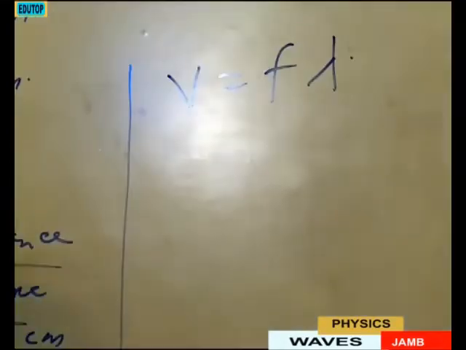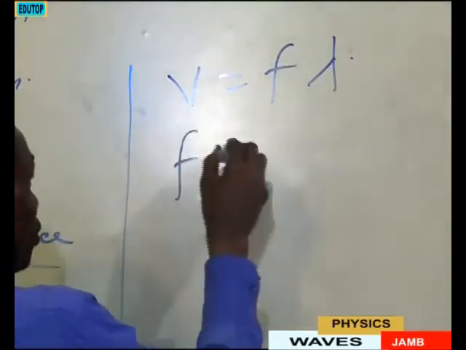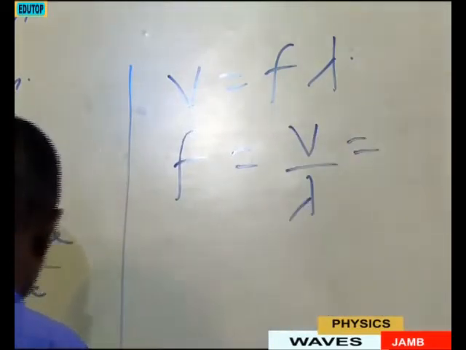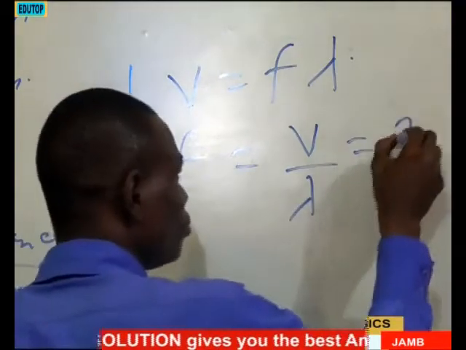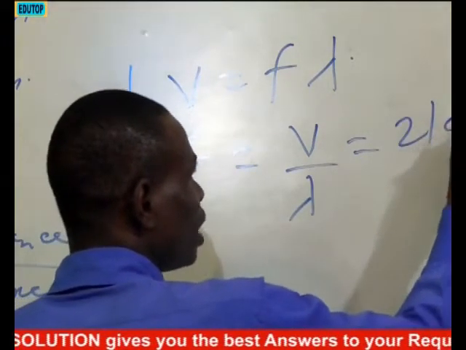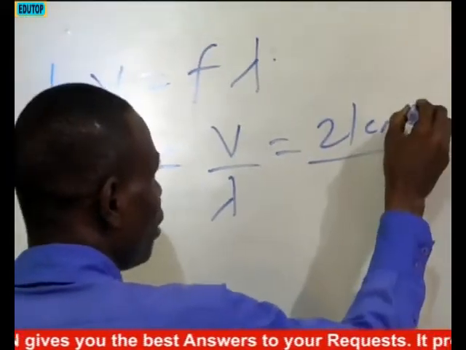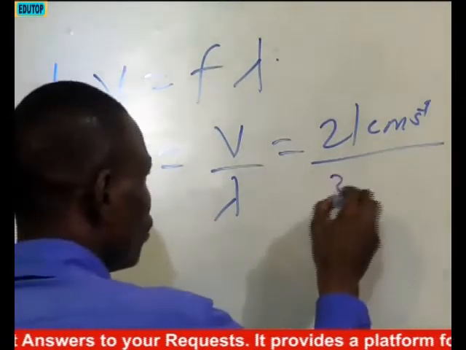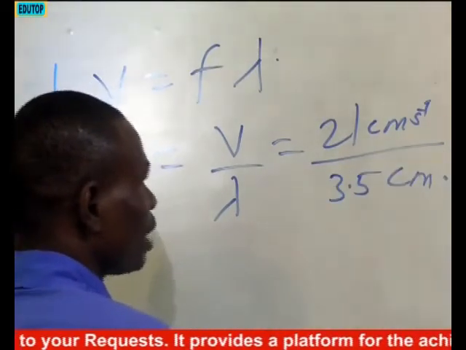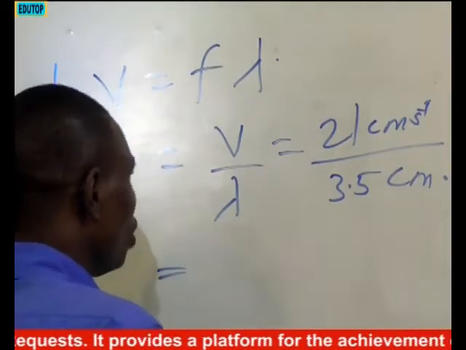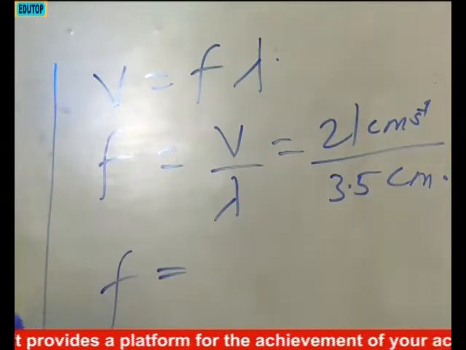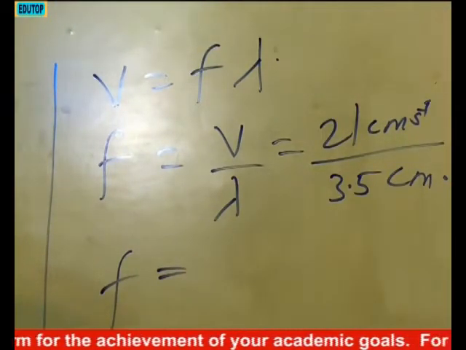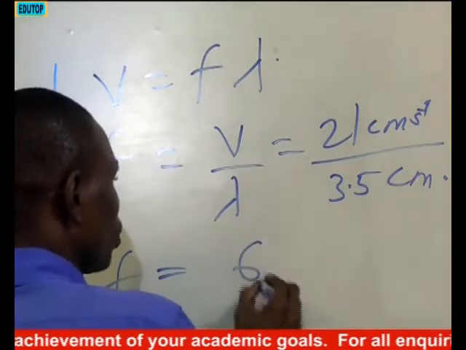Okay, what are we looking for? Frequency. Frequency is equal to velocity over wavelength, which is equal to velocity, 21 centimeters per second, divided by wavelength, 3.5 centimeters, which is equal to, let's divide 21 by 3.5, we are going to have 6.